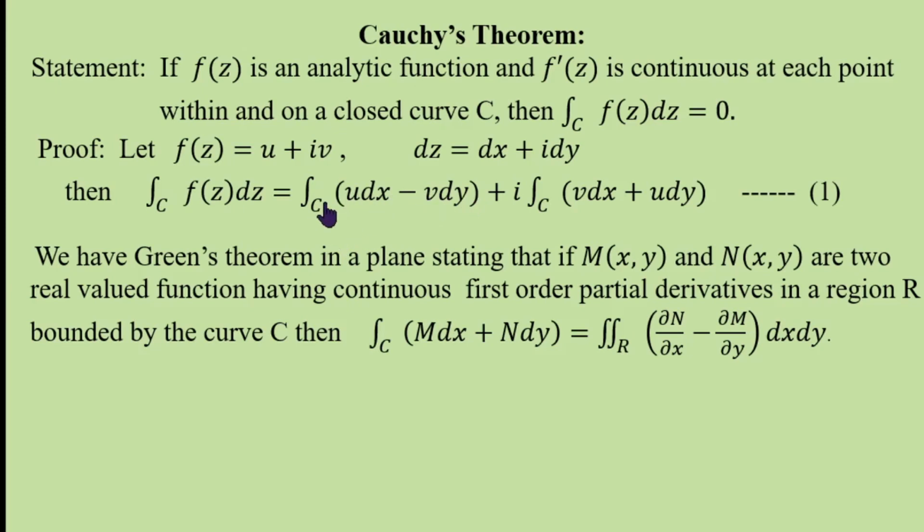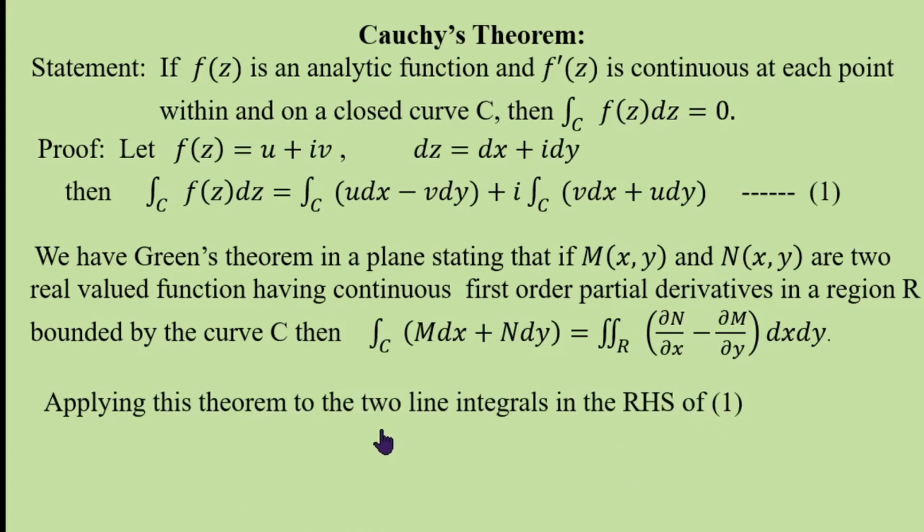Here in the first integral, u is nothing but M and N is minus v. Therefore, the integral over C of u dx minus v dy is nothing but the double integral over R of minus the partial derivative of v with respect to x minus the partial derivative of u with respect to y. Here, the partial derivative of u with respect to x minus the partial derivative of v with respect to y.